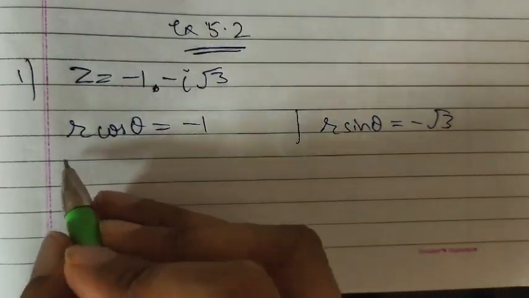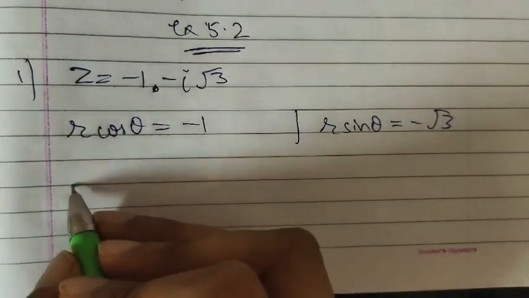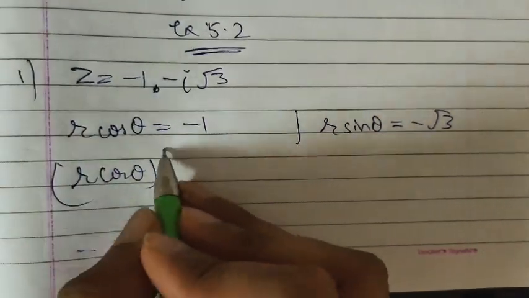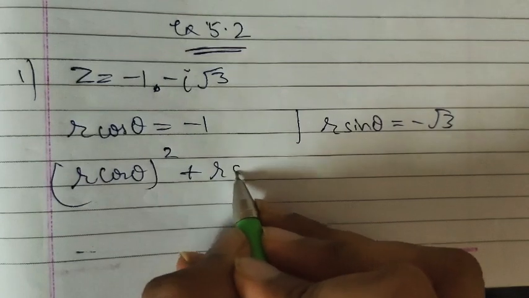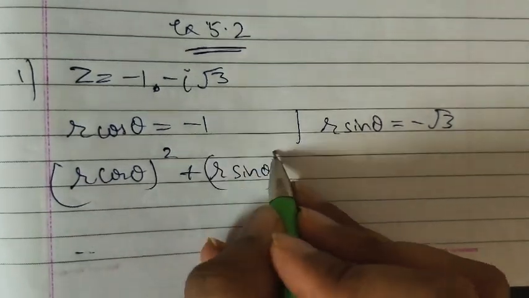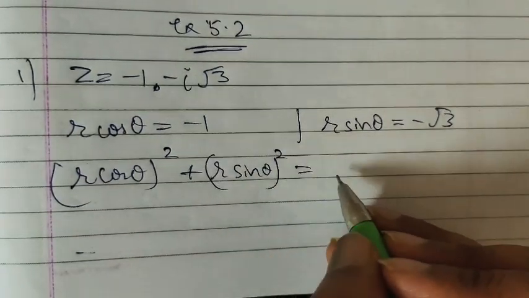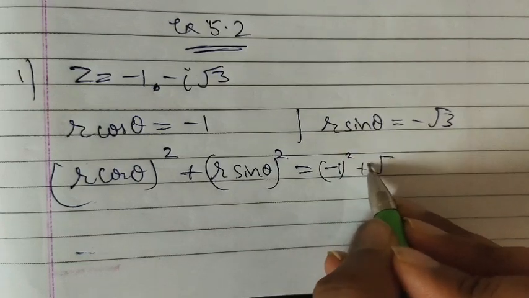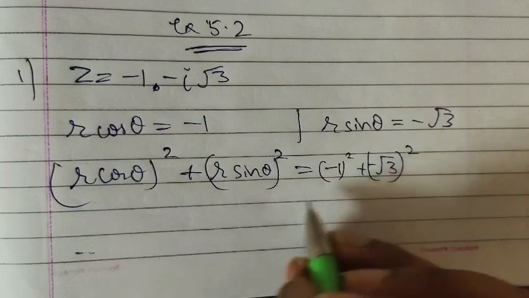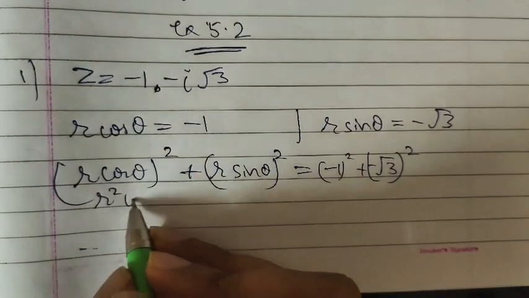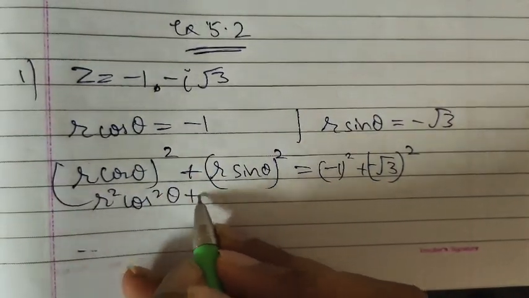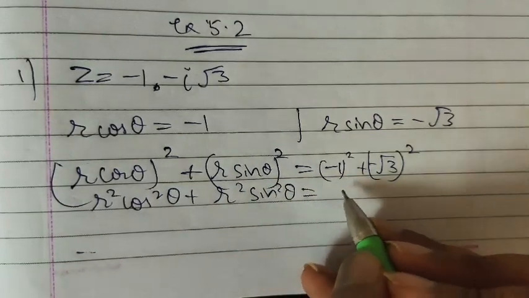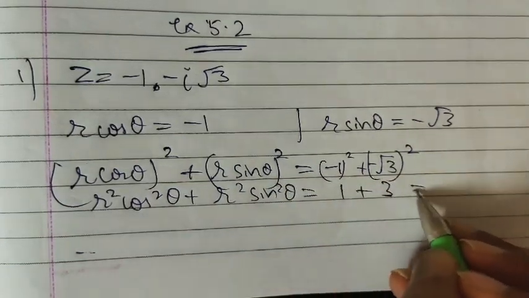We all know that if we square and add the values, r cos theta whole square plus r sin theta whole square is equal to -1 square plus minus root 3 square. So r square cos square theta plus r square sin square theta is equal to 1 plus 3, which is 4.